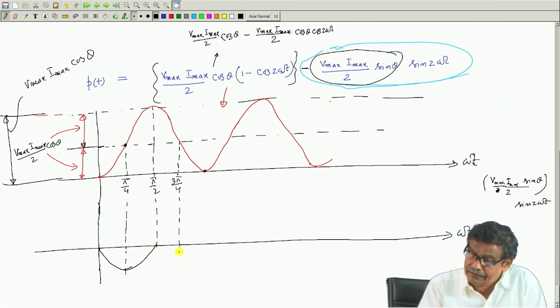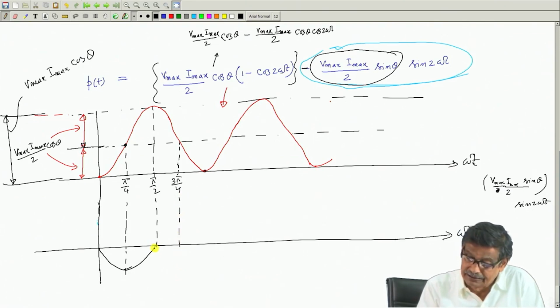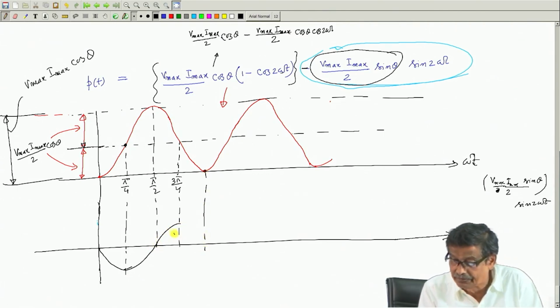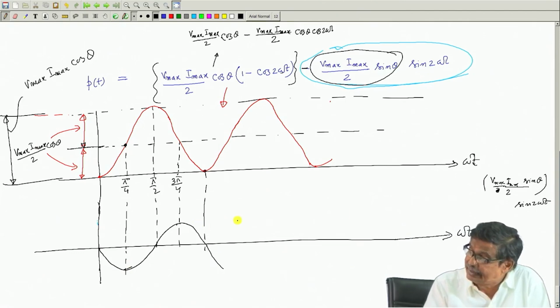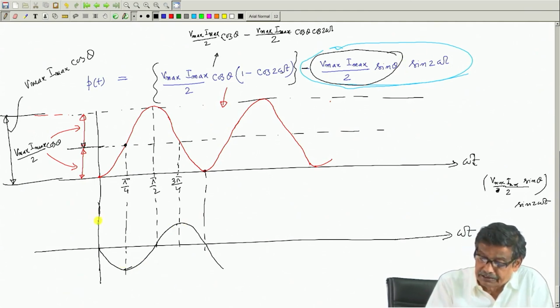Is it not? And then once again it will reach maximum, and once again it will reach 0 and go to negative. But this is the sin 2 omega t term. It will have both positive and negative excursion.